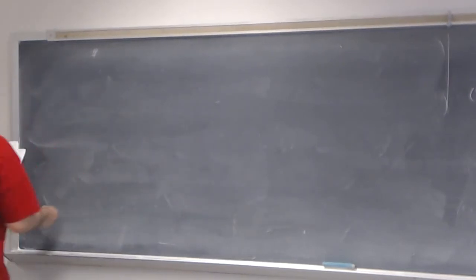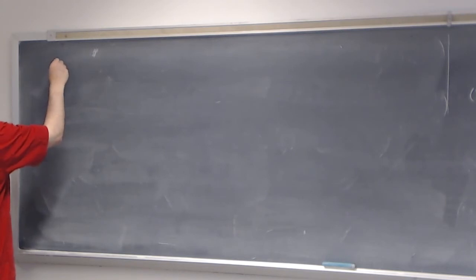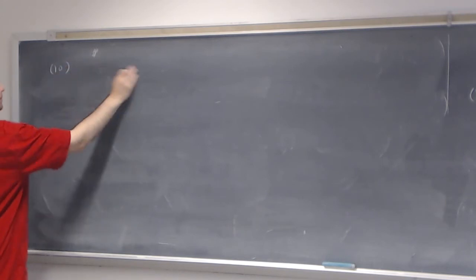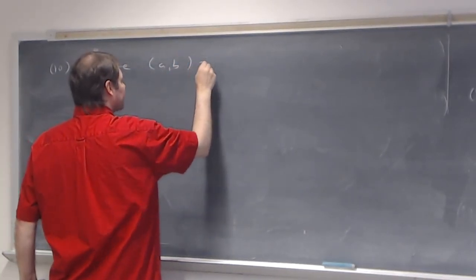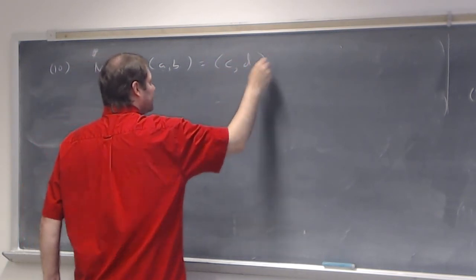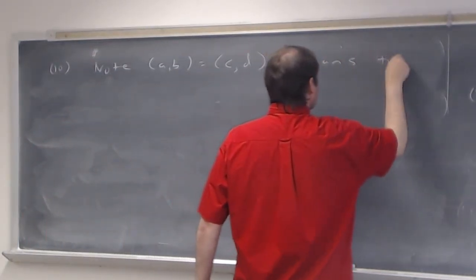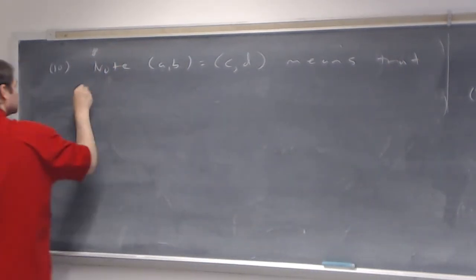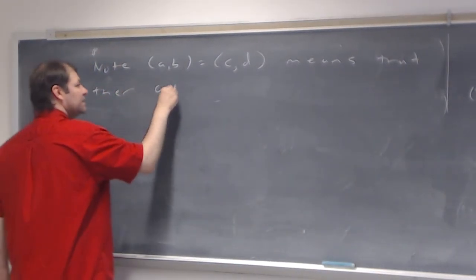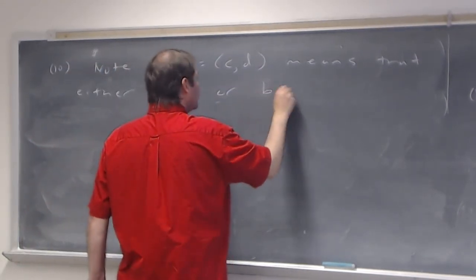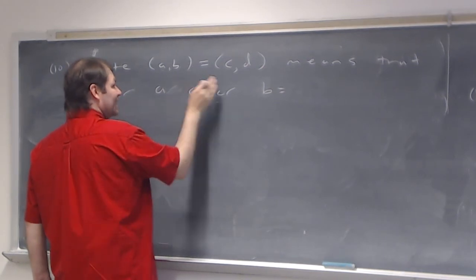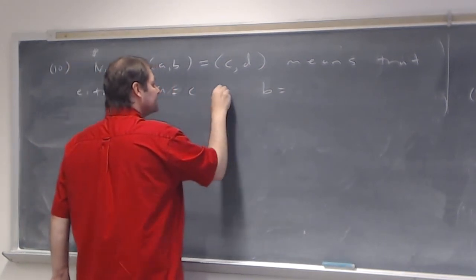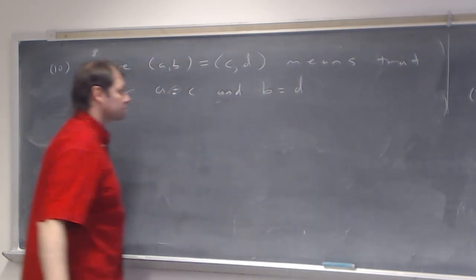Now, before I do this, note A, B being different from C, D means that either A is different from C or B is different from D. Well, I guess when I say equal to, A has to be C and B has to be equal to D. Okay?